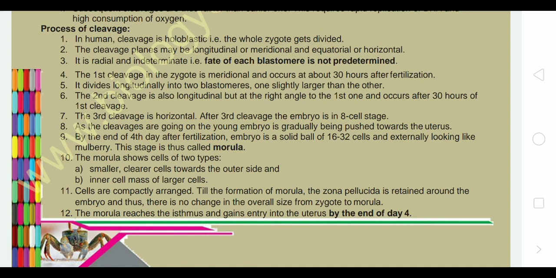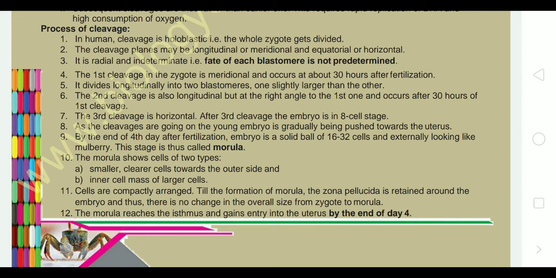So the first cleavage in the zygote is meridional, occurs at about 30 hours after fertilization, divides longitudinally into two blastomeres, one slightly larger than the other, and the second cleavage is also longitudinal but at a right angle to the first one.